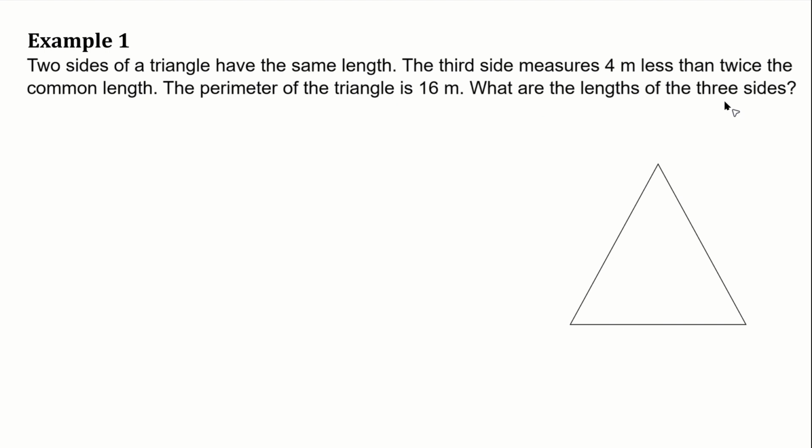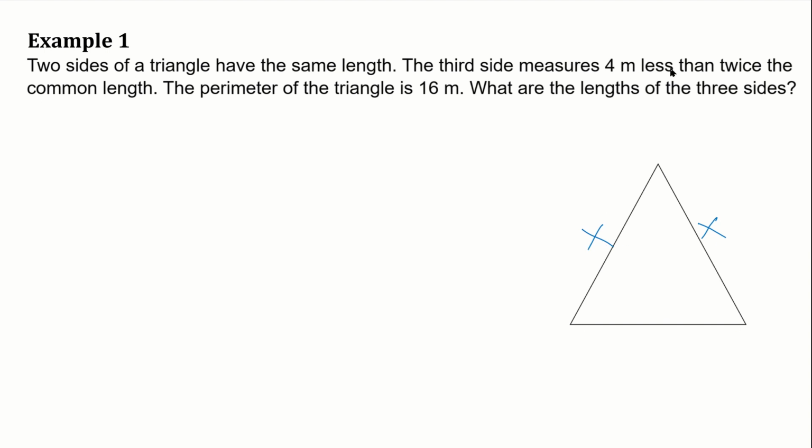Okay, so this is a simple enough scenario, so I think we have a basic understanding. We do know that these two sides are the same, but we don't know what the length is. So why don't we go ahead and just give them a name like x. Now, we don't know the third side either, but we have a relationship between the third side and this common length, right?